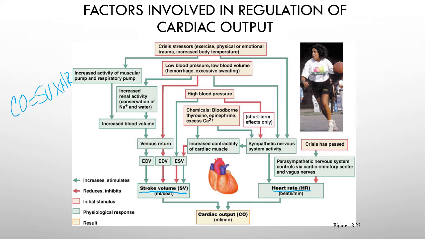Some of them are positive, and some of them are negative in terms of their response within the body itself. And so we can have things that turn things up and things that turn things off in both the heart rate as well as the contractility, and so the amount of stroke volume that we have as well.